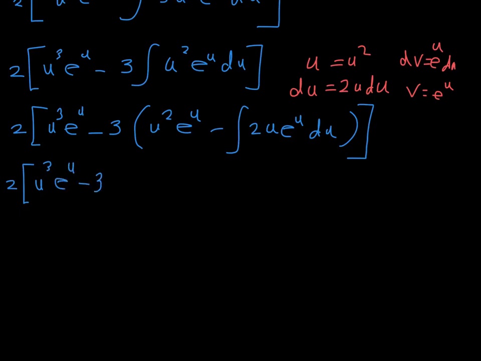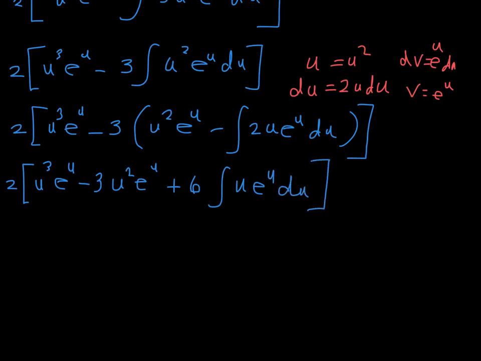I'm going to go ahead and distribute this negative 3, and at the same time, I'm bringing out this 2. Okay. So minus 3 u squared e to the u, plus 6 times the indefinite integral of u e to the u du.